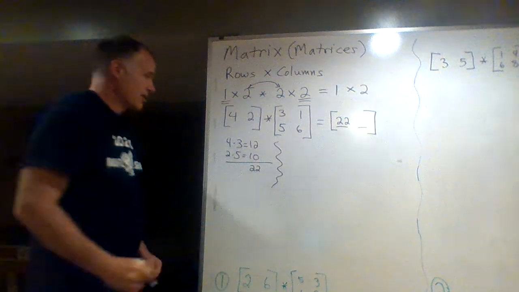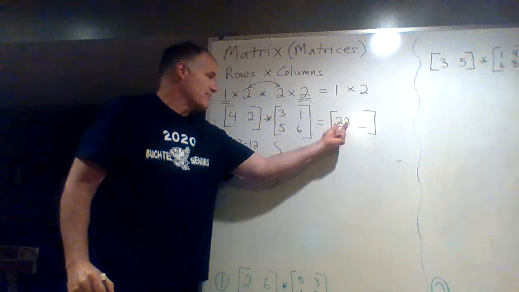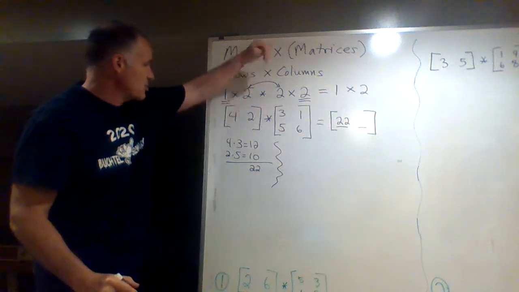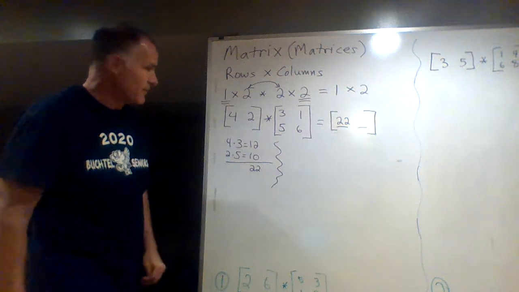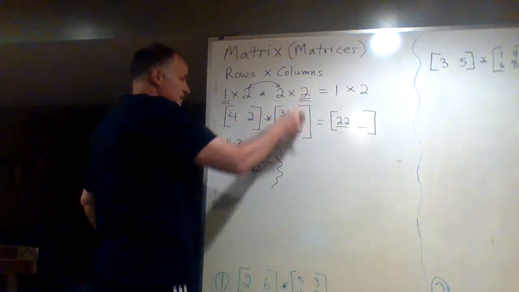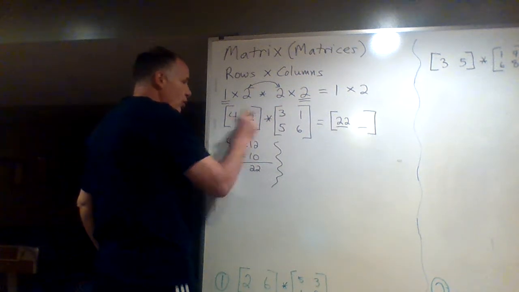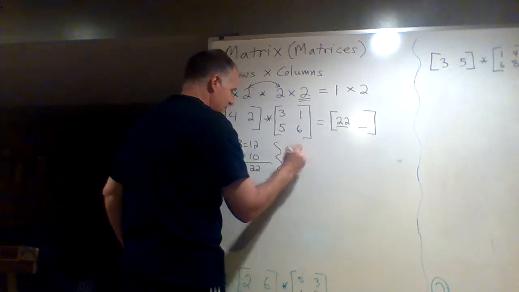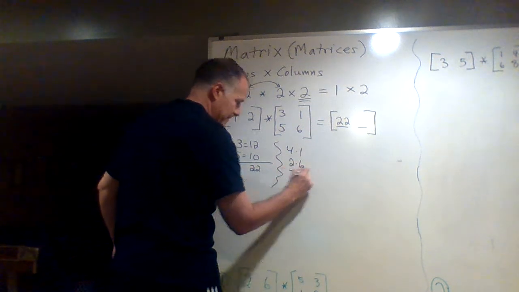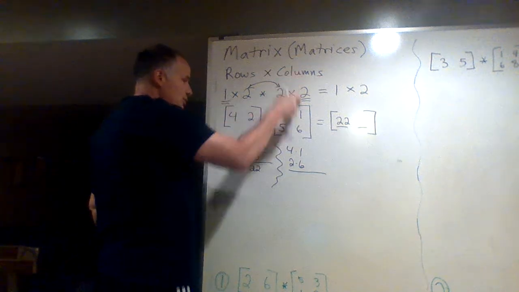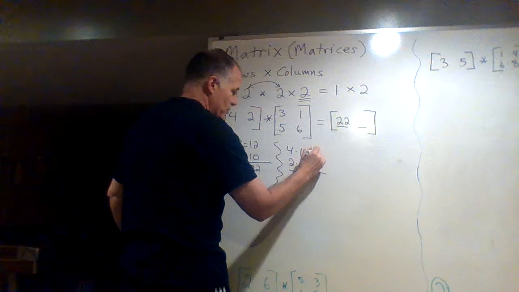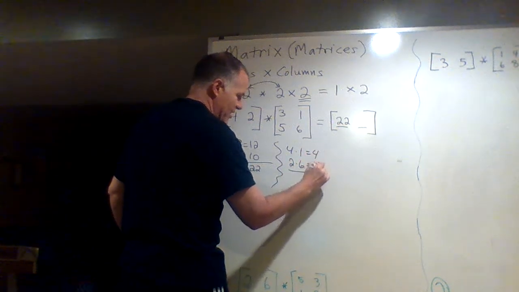So the first answer in my answer matrix comes from taking the row for this one and standing it up, going down the column. Now to get the second one, I'm going to take this row and stand it up down that second column. So 4, 2 comes down 1, 6. 4 times 1 is 4, 2 times 6 is 12.